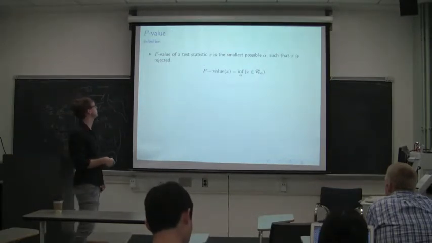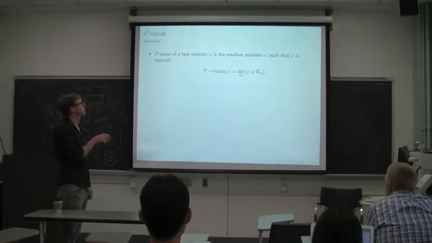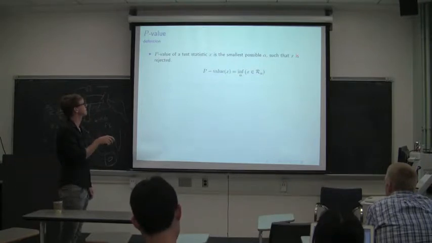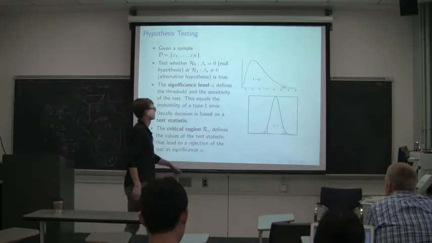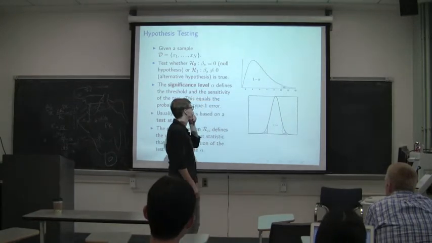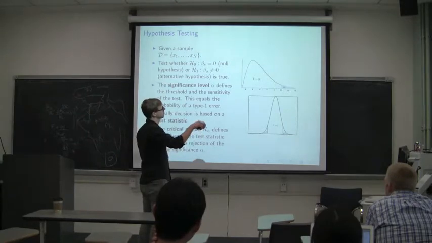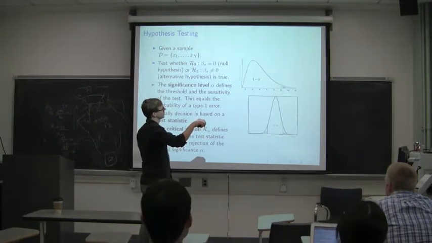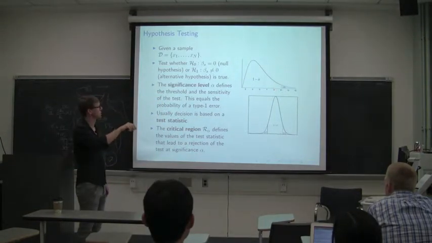What is a p-value? A p-value is the smallest possible alpha such that the null hypothesis would be rejected given the test statistic. Say we observe a 9 as our test statistic under this distribution here.